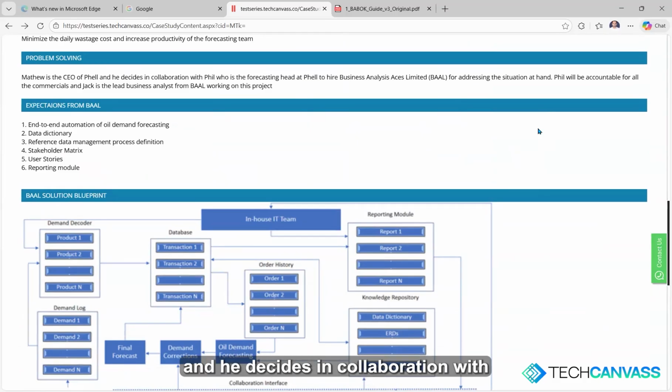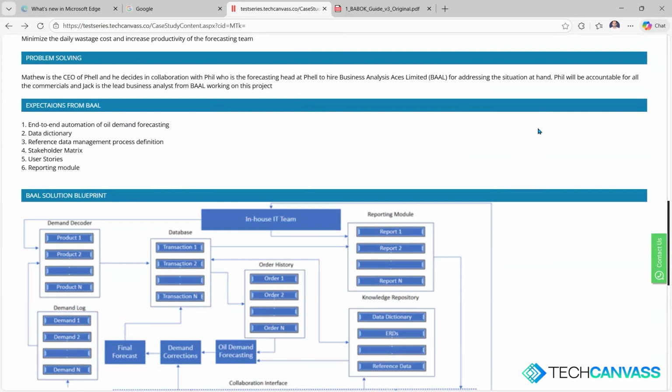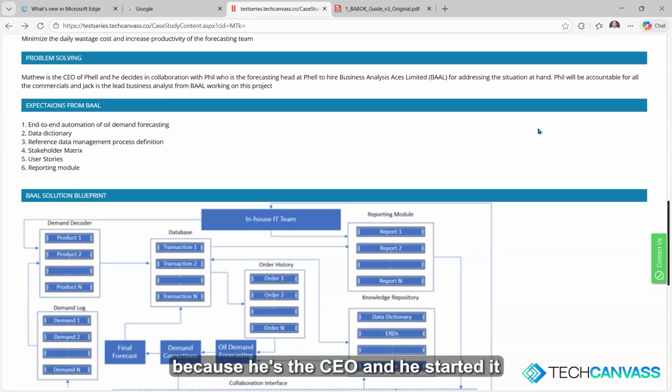And he decides in collaboration with Phil, who is the full time president. Commercials. Oh, maybe it's Matthew because he's the CEO and he started it.